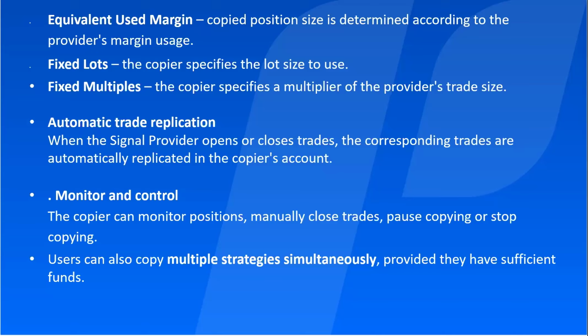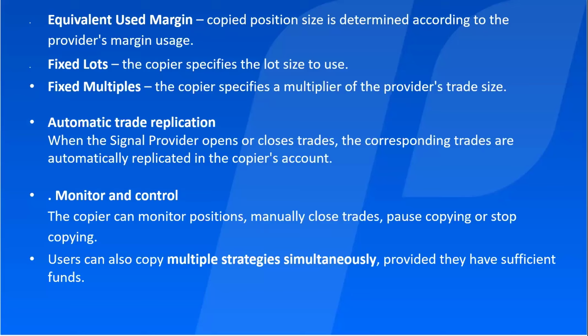All right. Automatic trade replication. When a signal provider opens or closes trades, the corresponding trades are automatically replicated in the copier's account. So what it means is that when you connect your account to these signal providers, irrespective of the current trades on that signal provider's account, that trade gets executed under the account you connected.